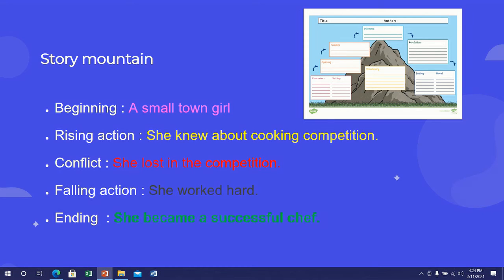But now we have a full, big picture of how the story is going to unfold. So in the beginning it's a small town girl. This is from the question just now, and then she knew about the cooking competition. So this rising action over here is very important.